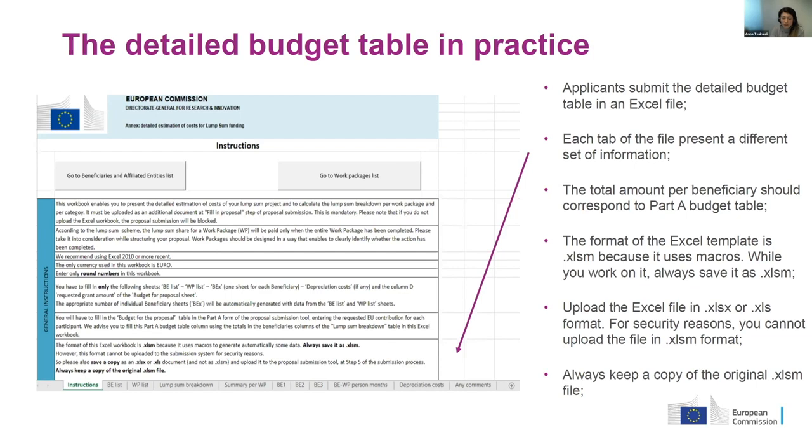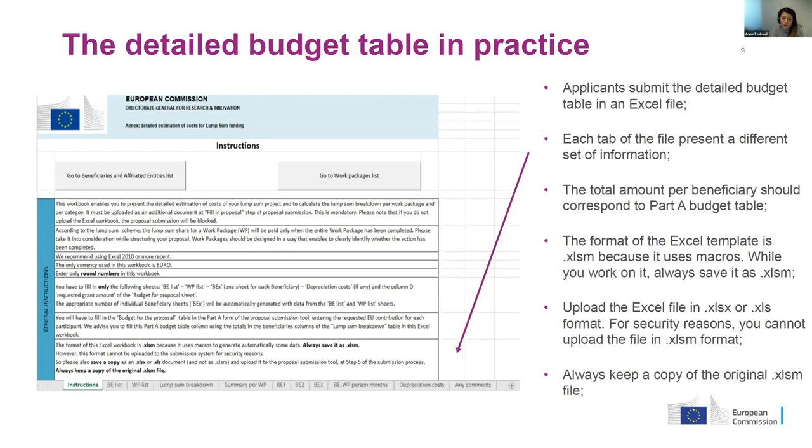So you download the Excel table. The format is very important because we use macros in this Excel table. It means that when you introduce a new beneficiary in this Excel table, new tabs will be created, and automatically you will need to fill in the cost per cost category, of course, and then it calculates and breaks down the cost of the proposal per beneficiary and per work package.